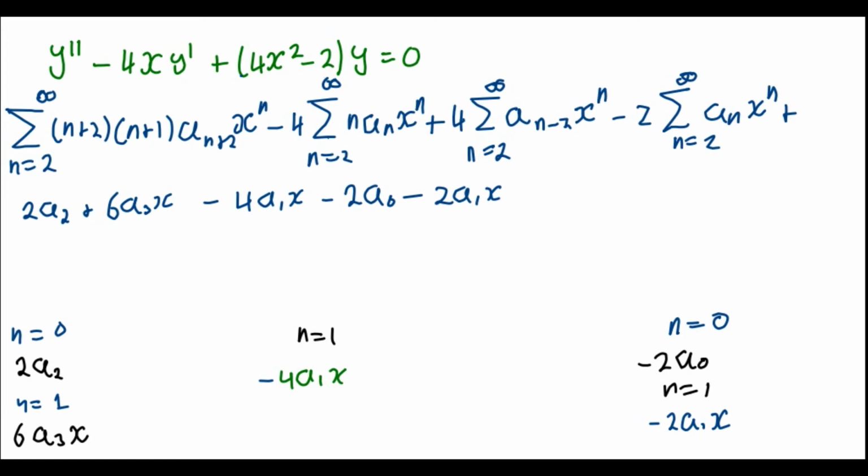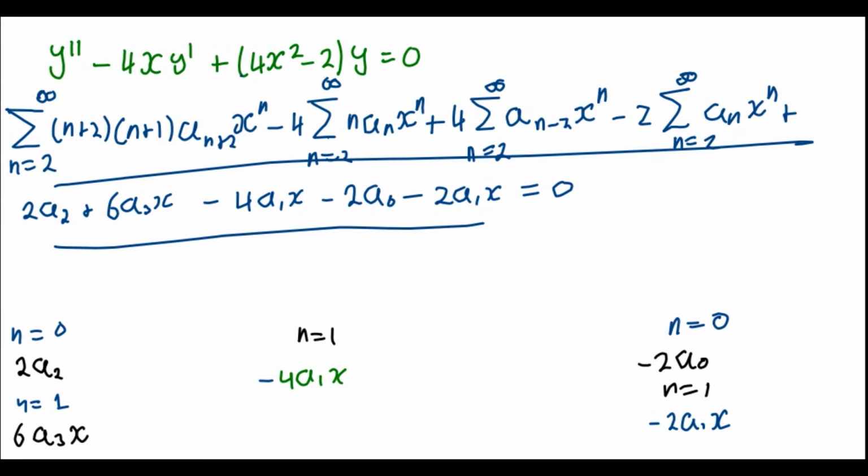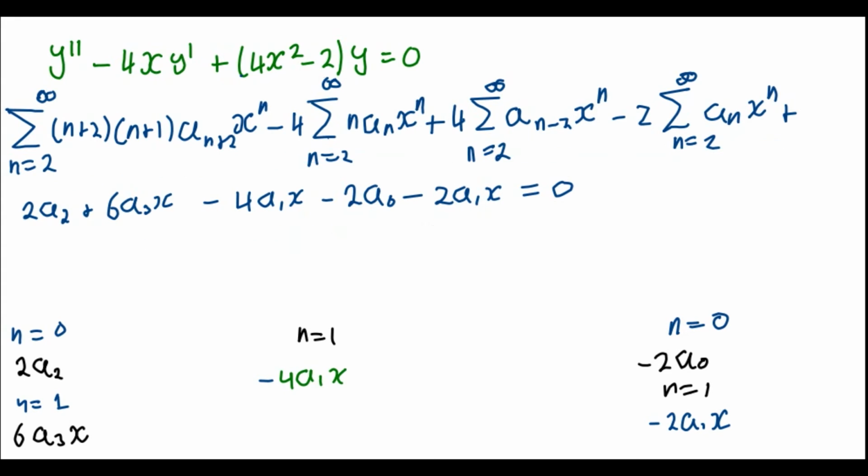Okay, like that. So now this one is what is going to be equals to 0. So I'm adding everything here plus what I have right here. Okay, so now how is this going to unfold?